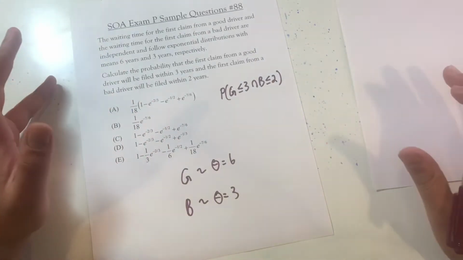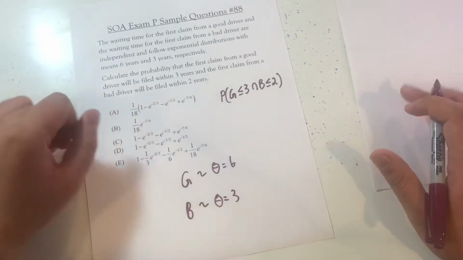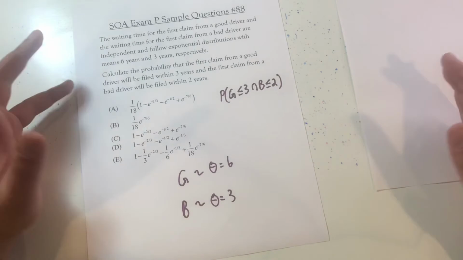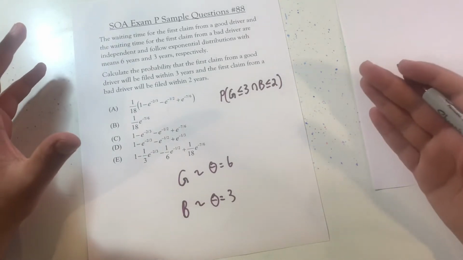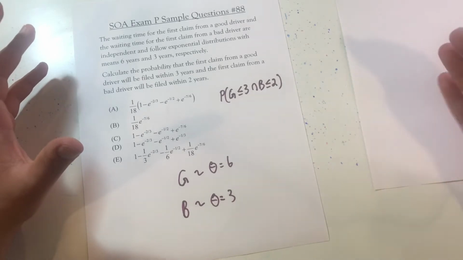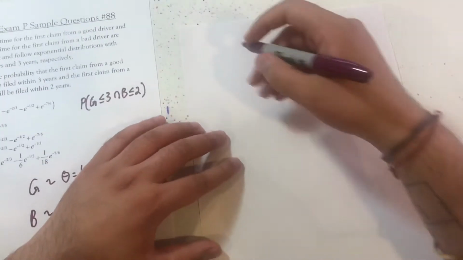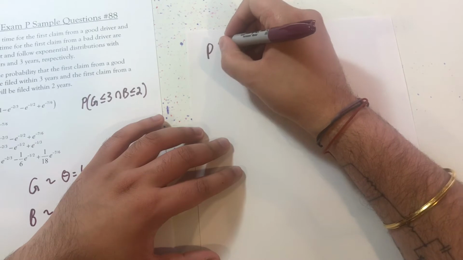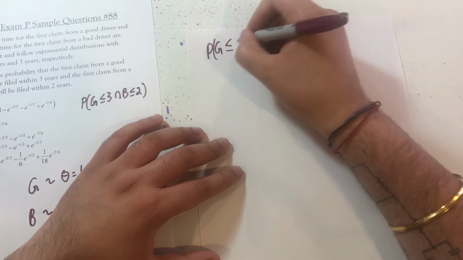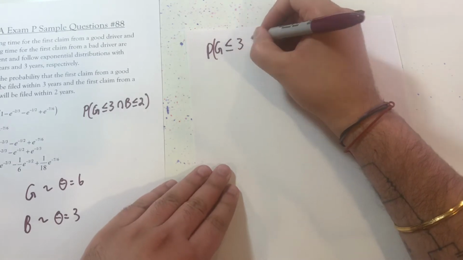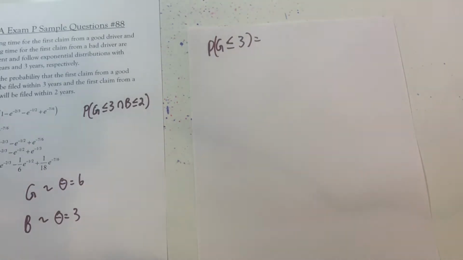So what we're going to need to find is the CDF for each of these random variables. The reason why is the CDF is the probability that an event happens at a value less than or equal to some value. So the probability of G occurring less than or equal to 3, well, that's exponentially distributed.